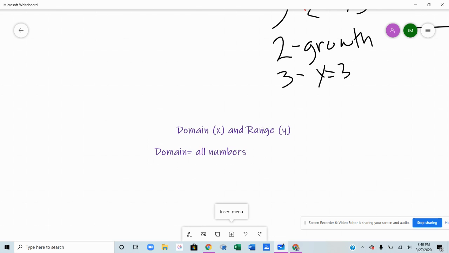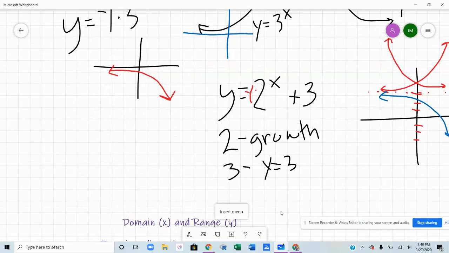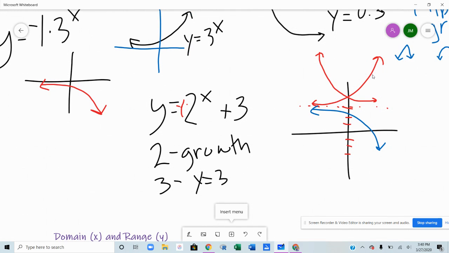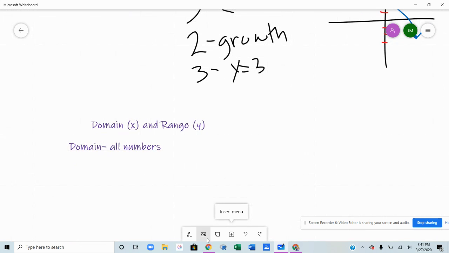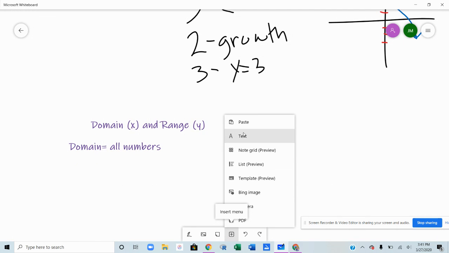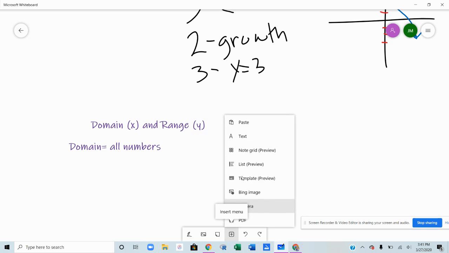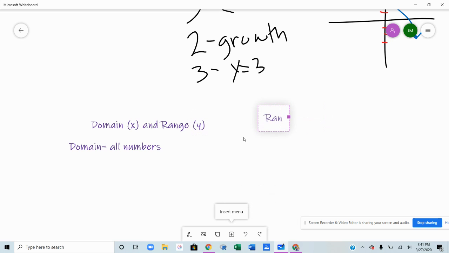Range, however, is going to change because there's going to be a certain place where your graph stops. So when we saw this example here, we said it stops right here at this line. This red graph right here, we said stops right here. So your range is going to have a stopping point, and it just depends on where that is exactly.